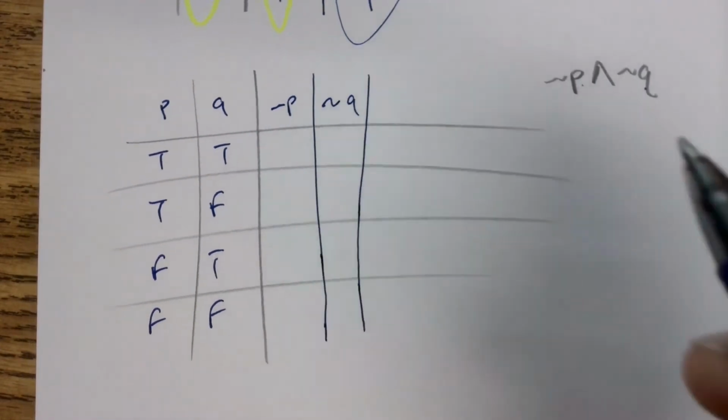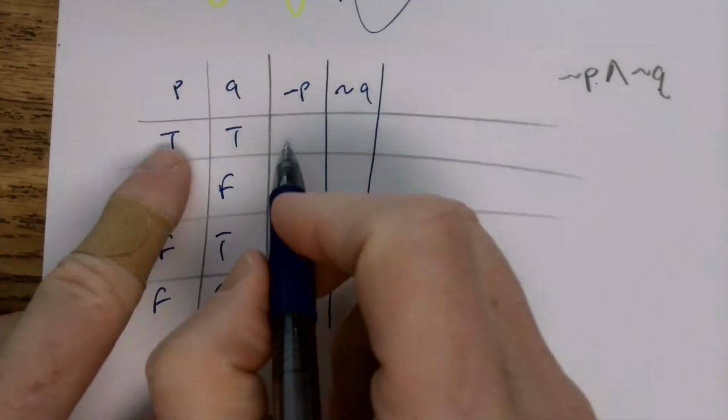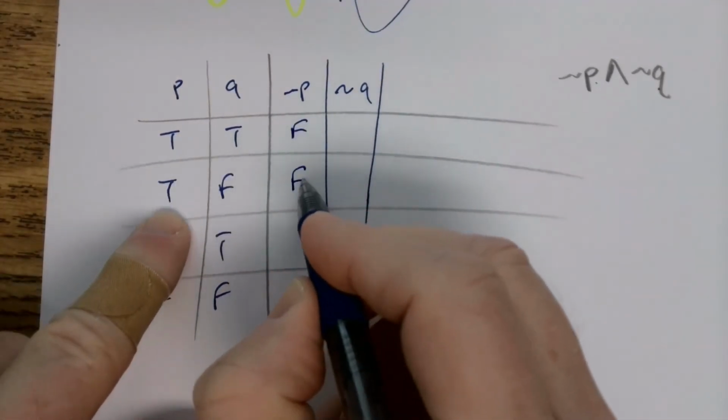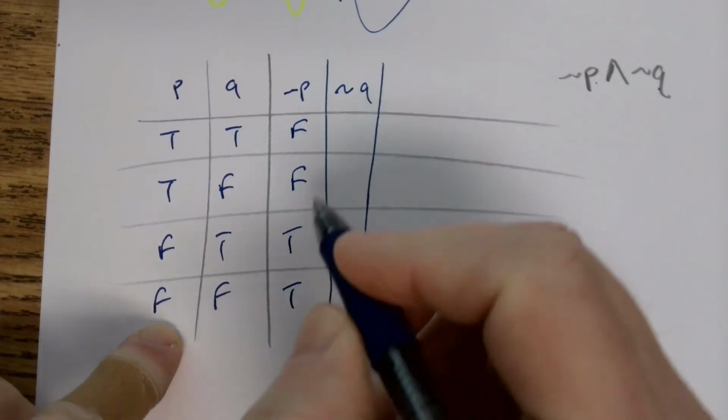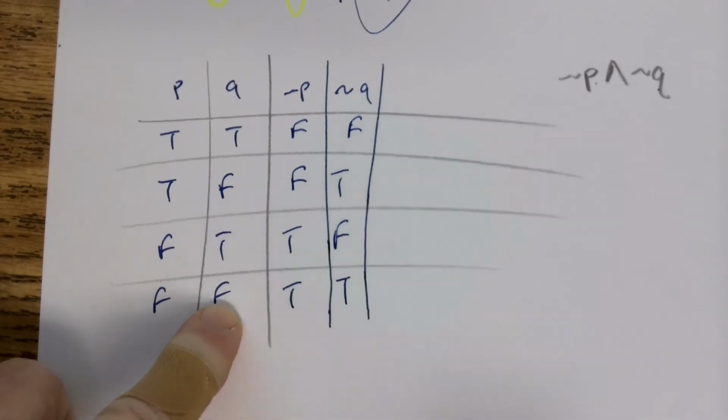The only place I really see people messing this up is going too fast, and then this true is supposed to turn into a false, and they don't turn it into a false. So I'm just flipping the switch for all the P's and the Q's.